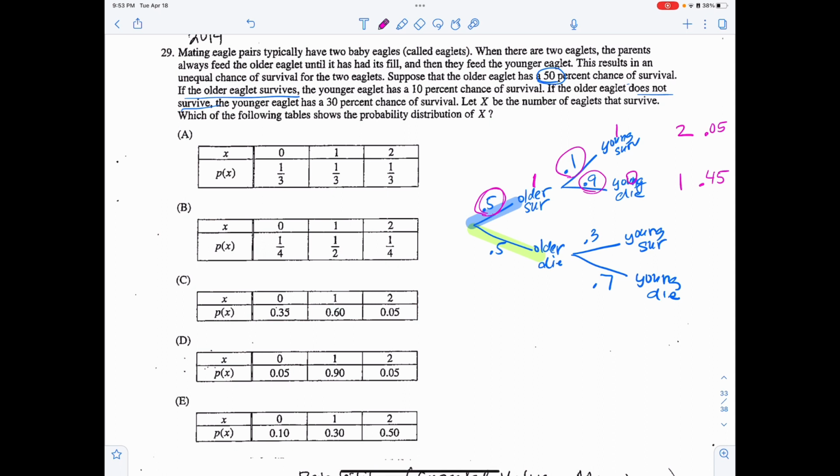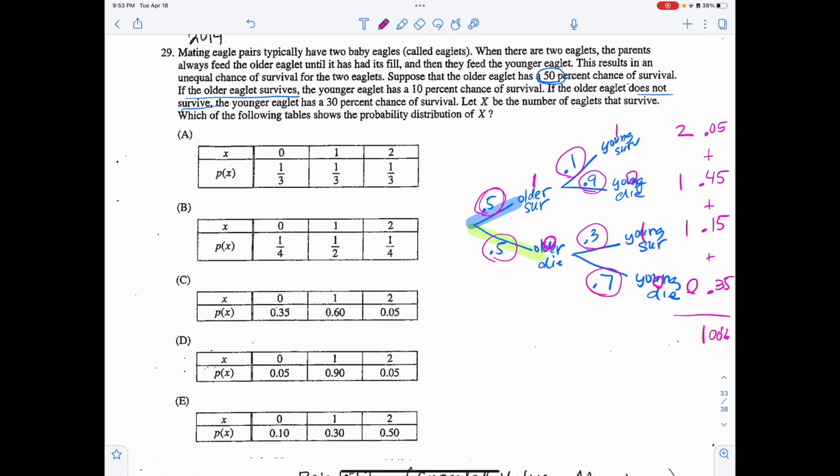The probability of older dying, that'd be no eagle, and younger surviving would be 1 eagle, so I have 1 here, and that'd be 0.5 times 0.3, which is going to be 0.15. This one would be 0 and then 0, so this would be 0 eagles, and that would be 0.5 times 0.7, which is 0.35. These are disjoint, and if I add those all together, I'm going to get 1 total, because 100%.